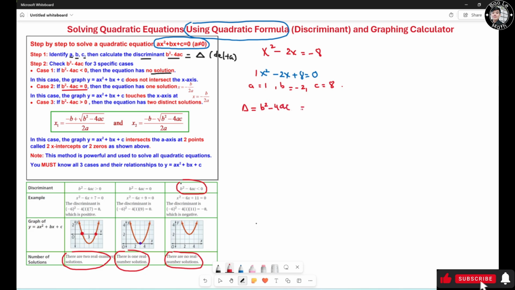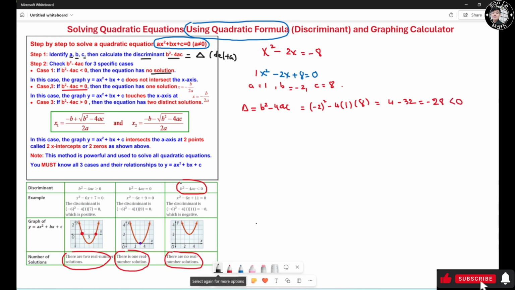So b equals negative 2, so you need to put parentheses, negative 2 squared minus 4 times a equals 1, c equals 8, right? So this turns out to be 4 minus 32 equals negative 28, which is less than 0.